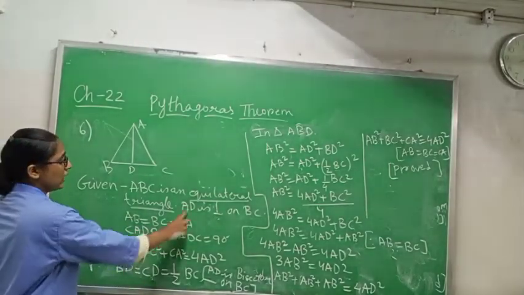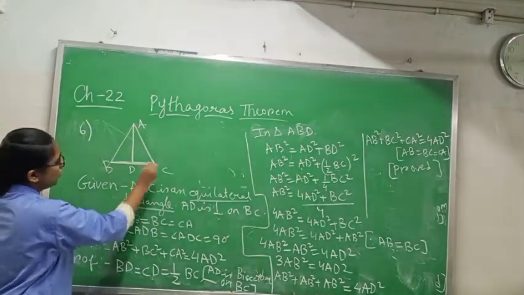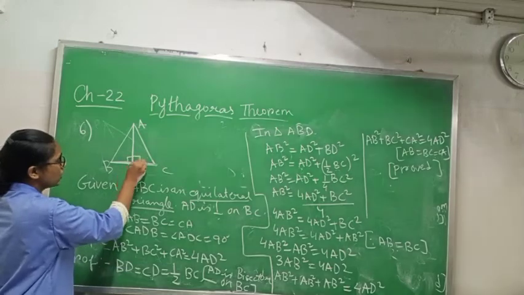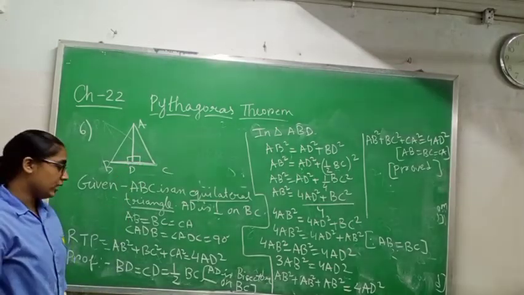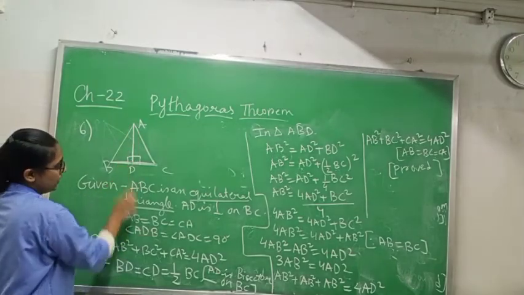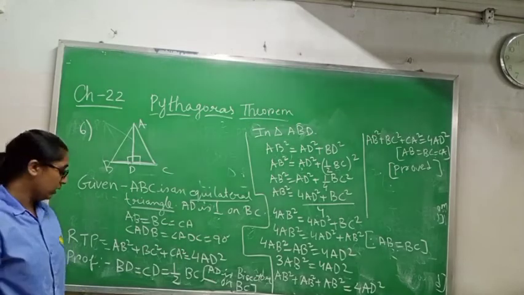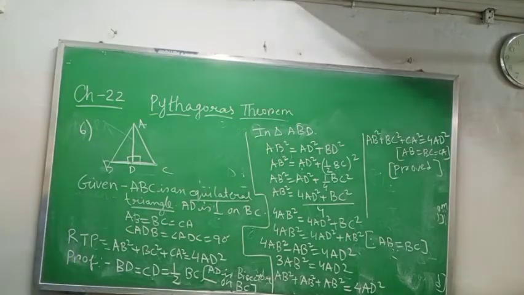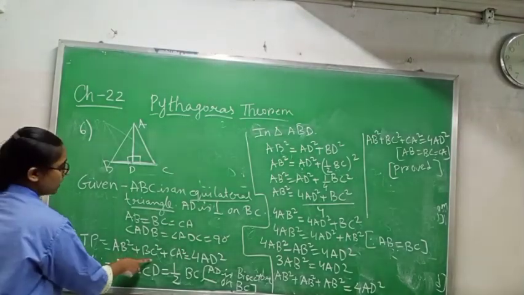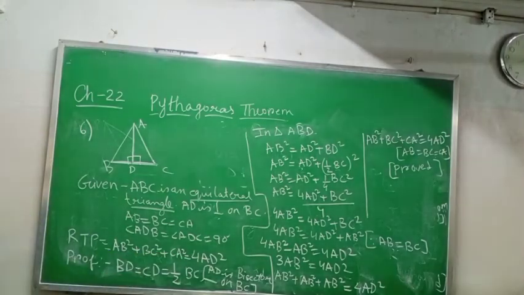And if AD is perpendicular on BC, then this one and this one both will be 90 degree. That is why we can write angle ADB equals to angle ADC equals to 90 degree. Now RTP. In RTP, what you have to prove? AB square plus BC square plus CA square equals to 4AD square.